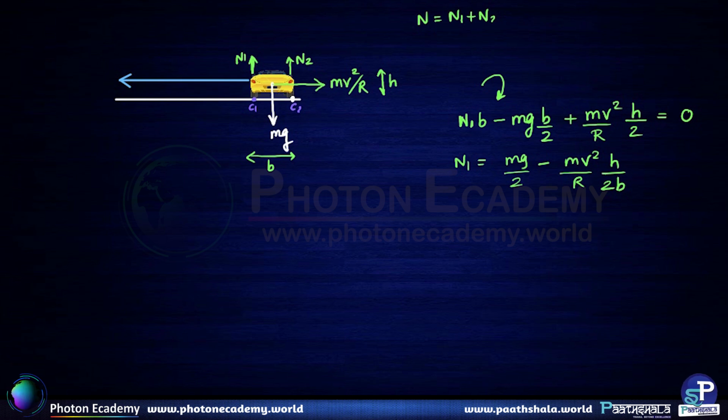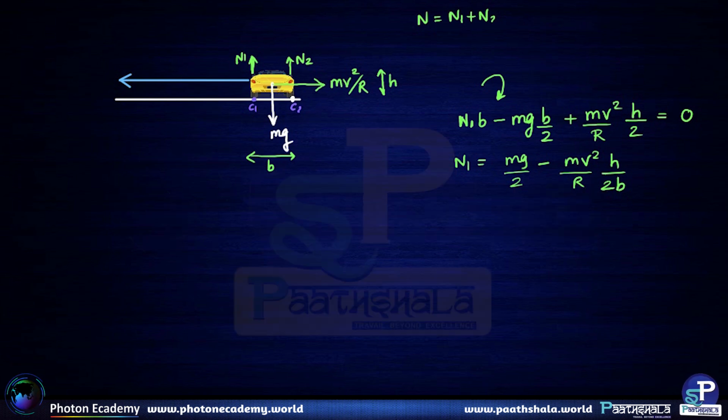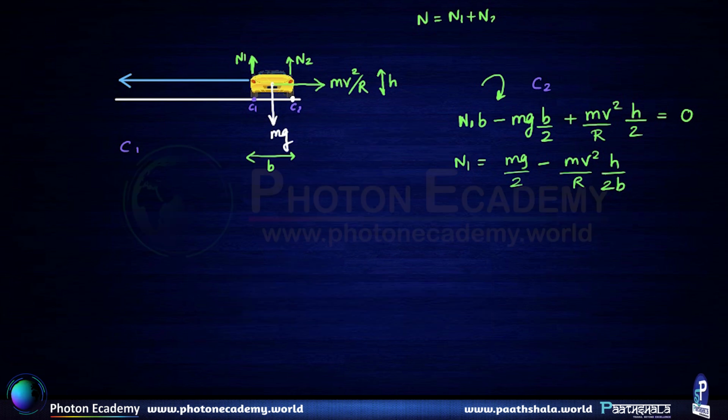Now in order to find out N2, it is better to write equations in such a manner. These particular equations were written around the point C2, so this analysis was around the point C2. If we do the analysis around the point C1, then we get that mv square by r and mg, these two are trying to turn the car clockwise, whereas N2 is the only lone force that is trying to turn the car counterclockwise, or trying to prevent the car from turning clockwise.